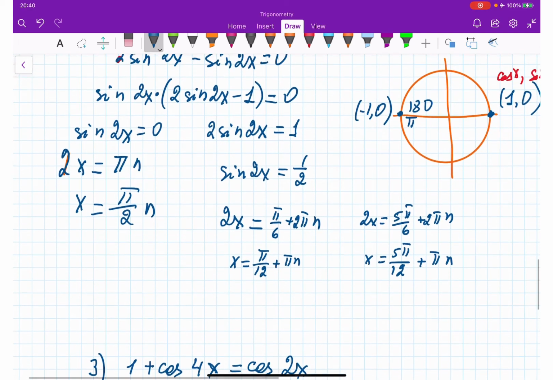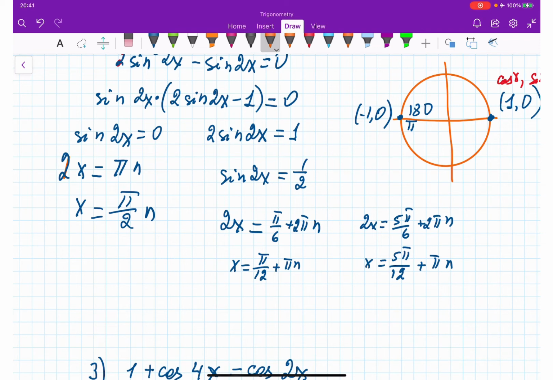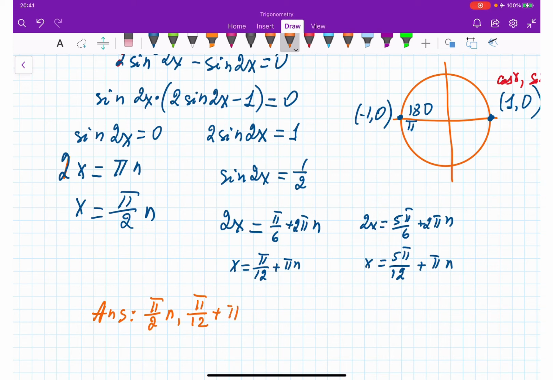So the answer is going to be pi over 12 plus pi n, 5 pi over 12 plus pi n. Okay?